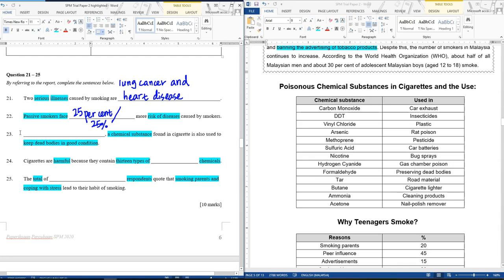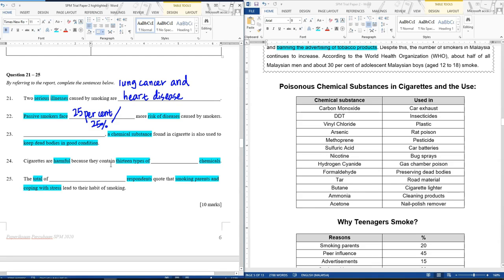So question 23, you are looking for a chemical substance found in cigarettes which is also used to keep dead bodies in good condition. So in this table here, you can see all the chemical substances. So make sure you look for the chemical substance that helps to keep dead bodies in good condition. Alright, next one.